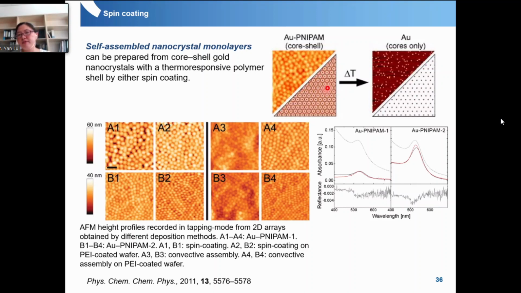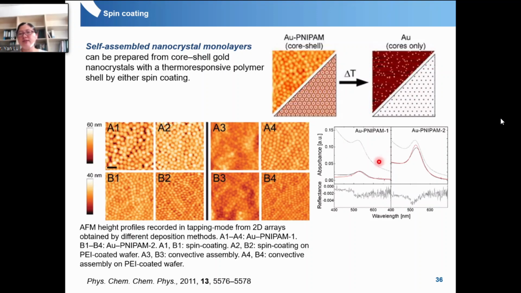And because PNIPAM is temperature sensitive, if you increase the temperature, the PNIPAM starts to shrink, and you see shrinkage of the particles. So here it is fully covered, and when we have the shrinkage, you see only the gold cores on the surface. So this is a very nice method.